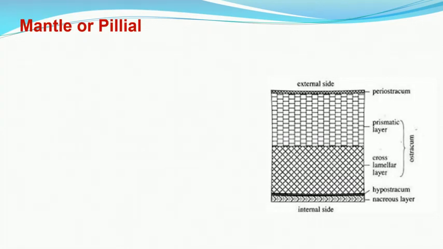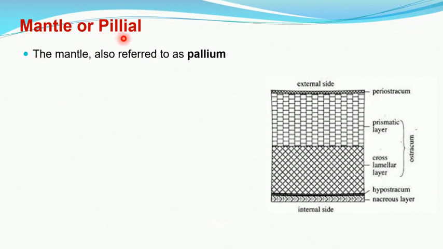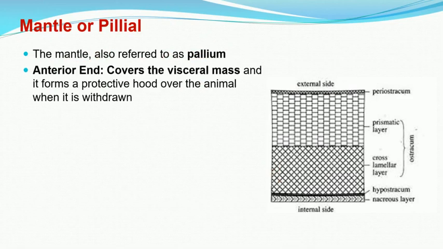So students, we have already come across this word mantle or pallium many times in previous lectures. This is nothing but a fold of skin, also called the mantle or pallium, and it is a protective hood over the animal when it is withdrawn.